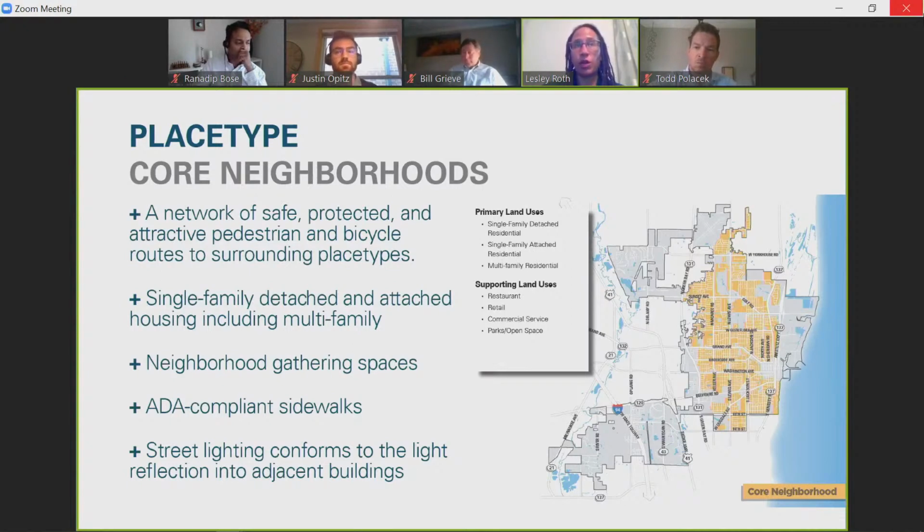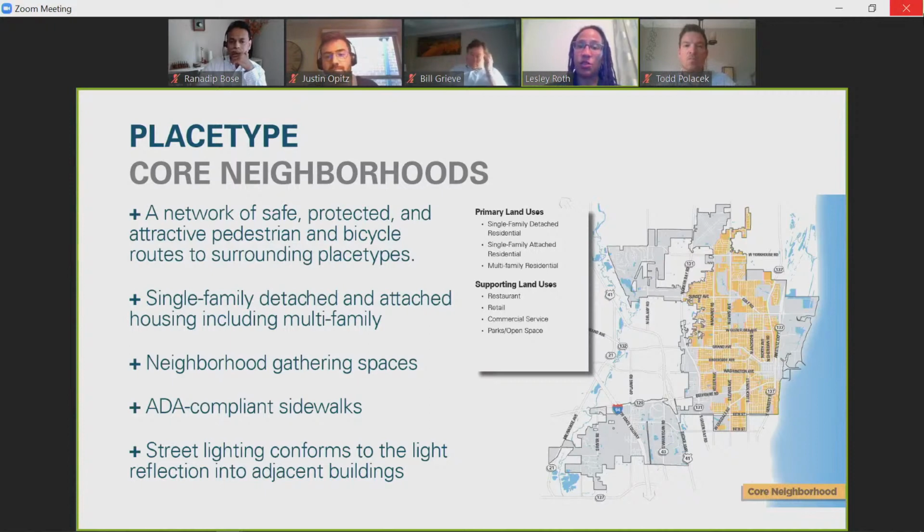The core neighborhood place type actually makes up most of the land use in the city of Waukegan. The goals for these areas included a multimodal environment that was safe, protected, and attractive for pedestrian and bicycle traffic. These are generally walkable neighborhoods. They generally have connected sidewalk systems and are generally pretty dense. These are some of the older neighborhoods in the city of Waukegan, and they have a whole variety of amenities, including schools and parks.